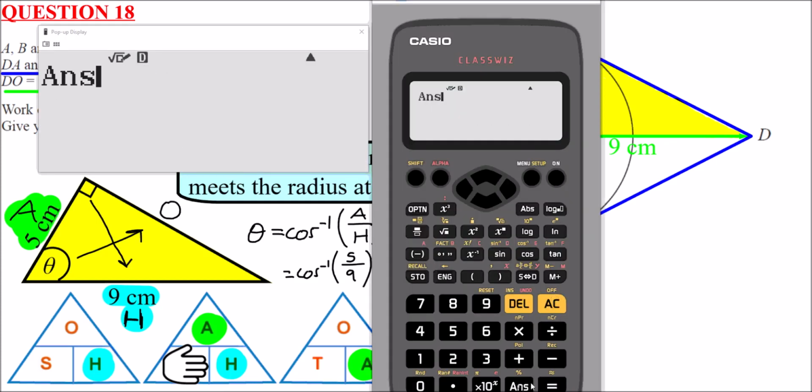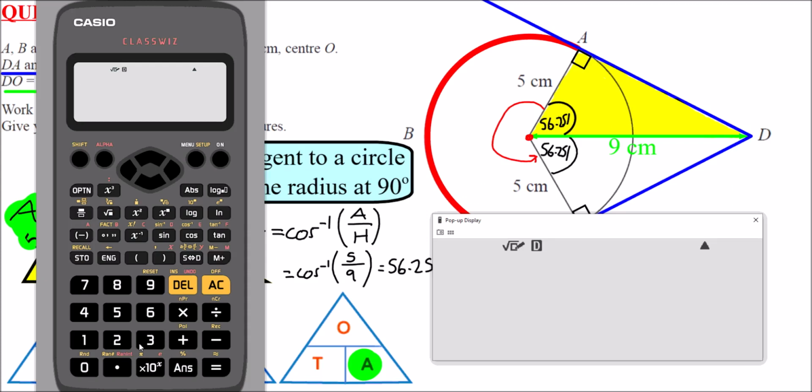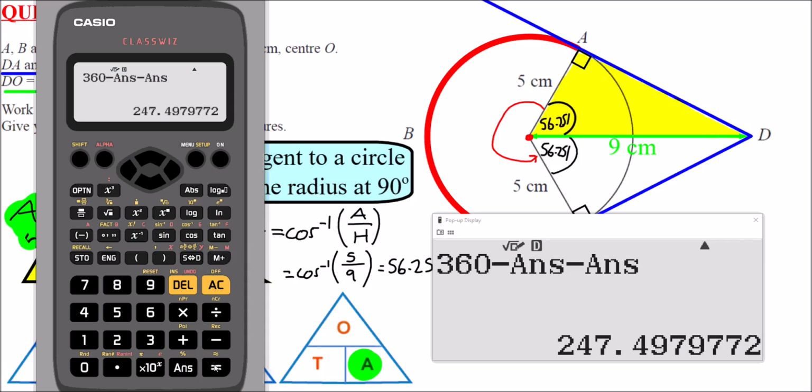So that's my answer, 56.251. So the red angle on the other side of the circle will be 360, take away 56.251, then take away 56.251 again. So I can press my answer button twice, which means I'm going to take away 2 lots of my answer. So press equals.